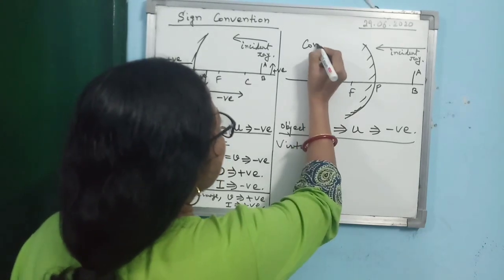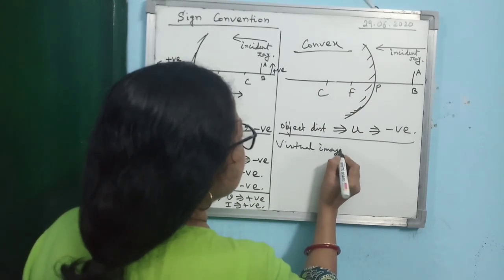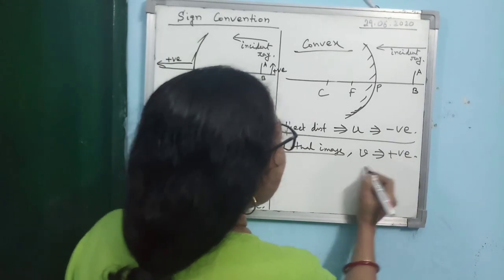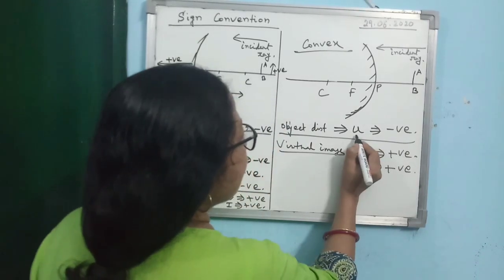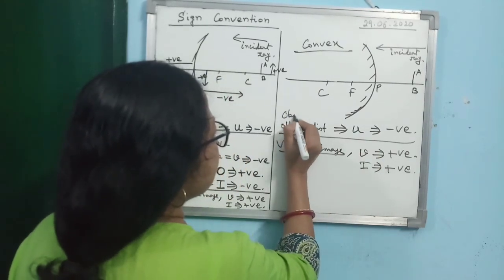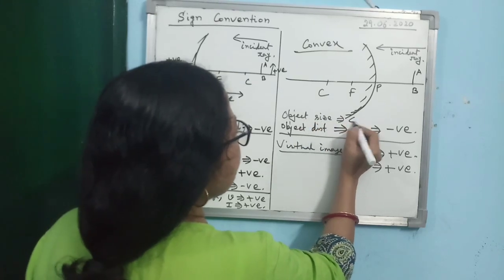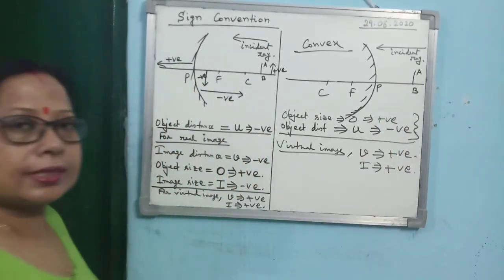So for a virtual image, the image distance is positive, and the image size is also positive. And here you must remember that object size O is always positive. These two are always the same.